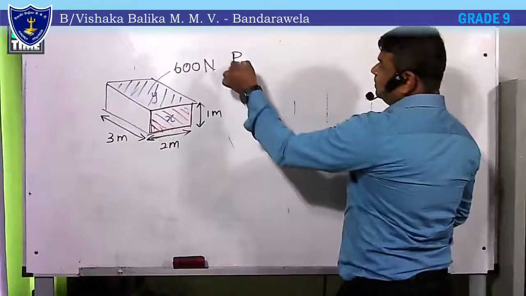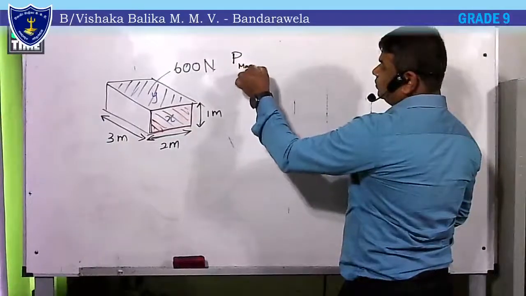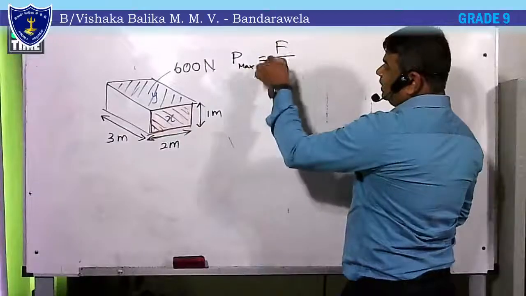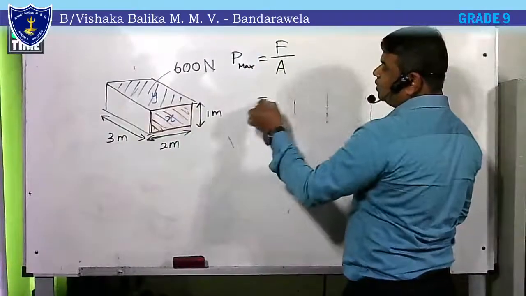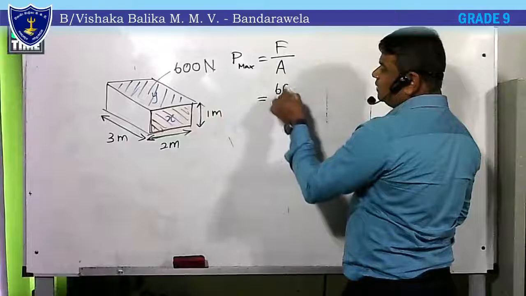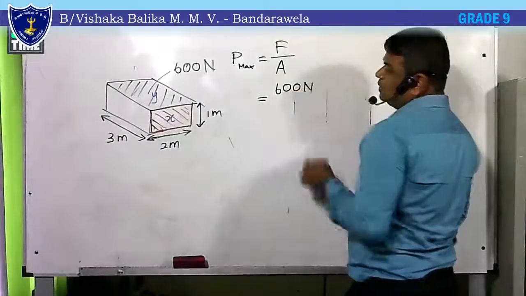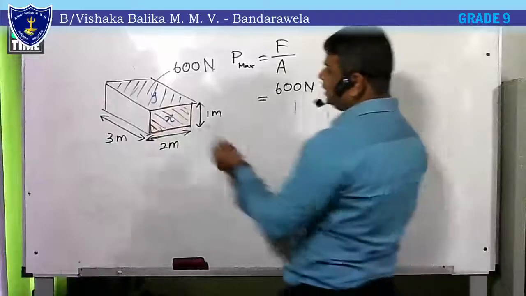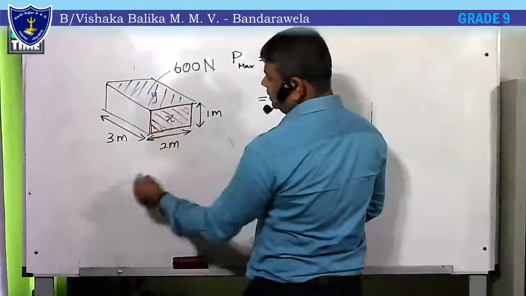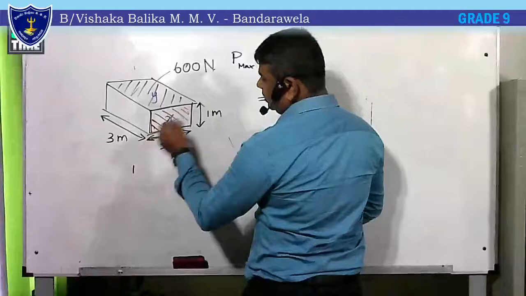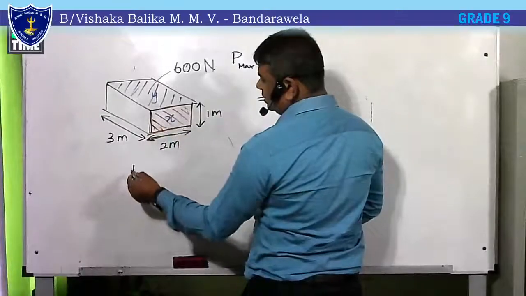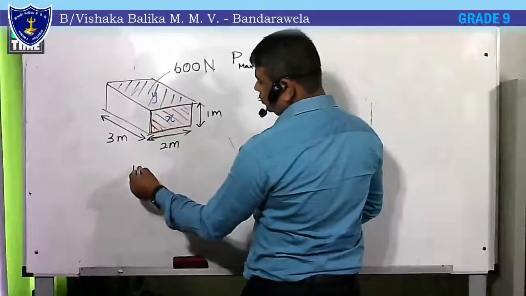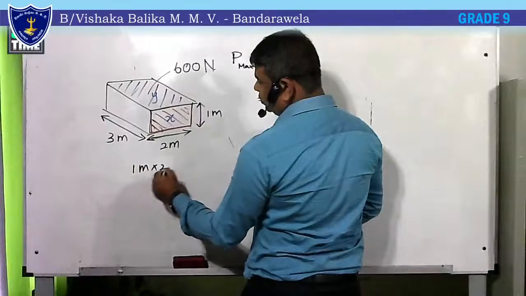Pressure maximum is force divided by area. Force is given as 600 newtons, but area hasn't been given. We have to calculate the area of this X. Area is width times height, 1 meter multiplied by 2 meters.